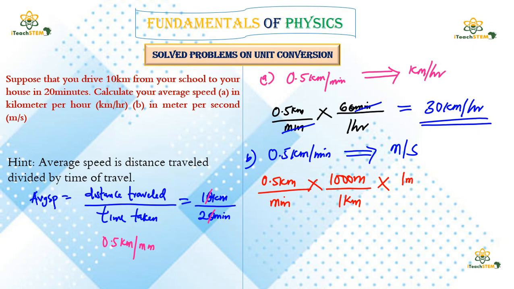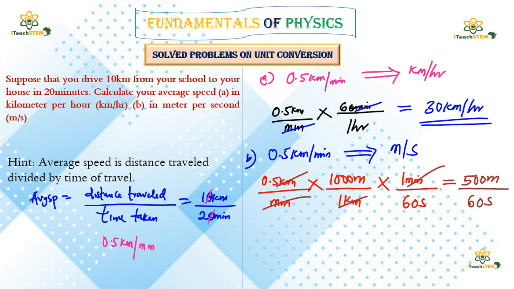Okay, so multiply by the conversion factor for minutes to seconds. 1 minute all over 60 seconds. Okay, so we can now cut. So minutes cancel out minutes, kilometer cancels out kilometer. So we are left with 0.5 multiplied by 1000 meters, that's 500 meters, all over 60 seconds.